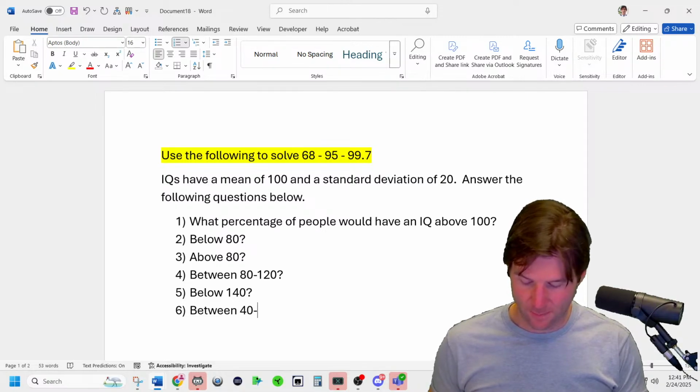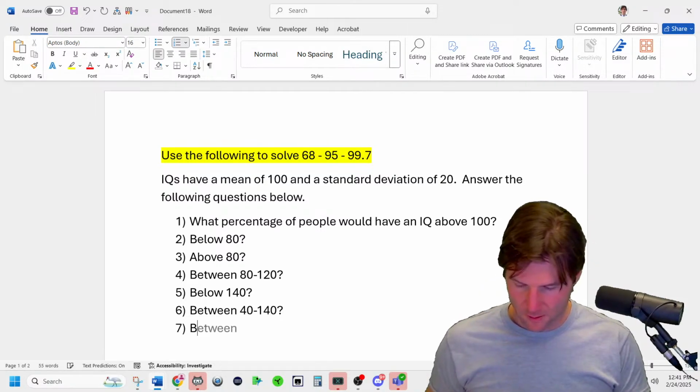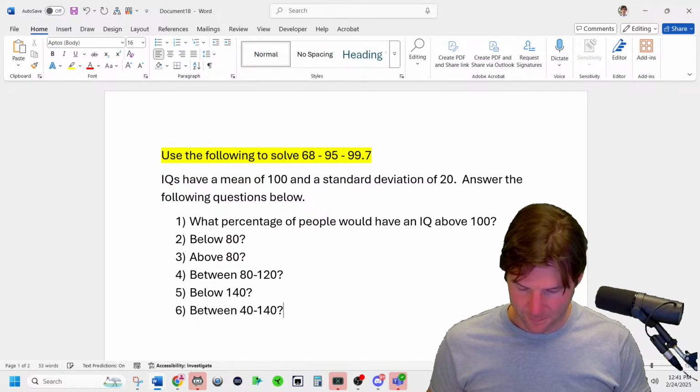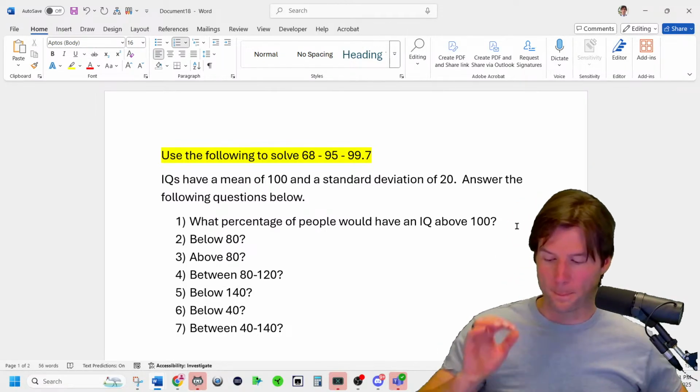This one's gonna be tricky. That one's a bit ridiculous. Or I did below 140. I'll get into that last one. Yeah. I chose the mean.